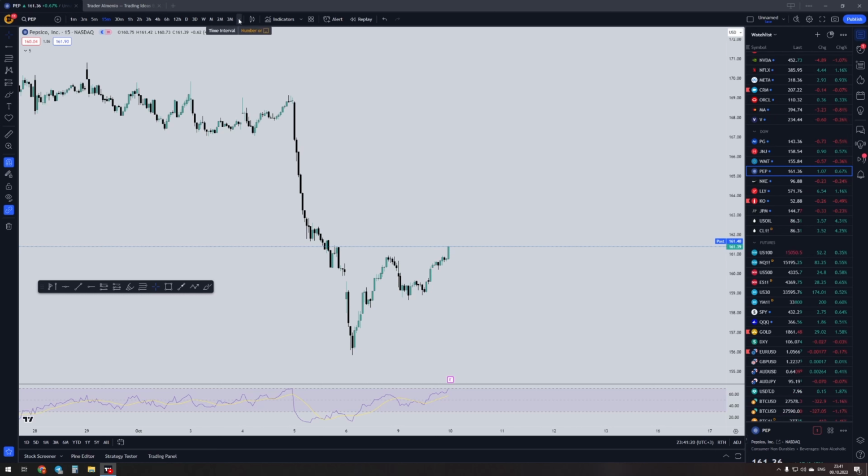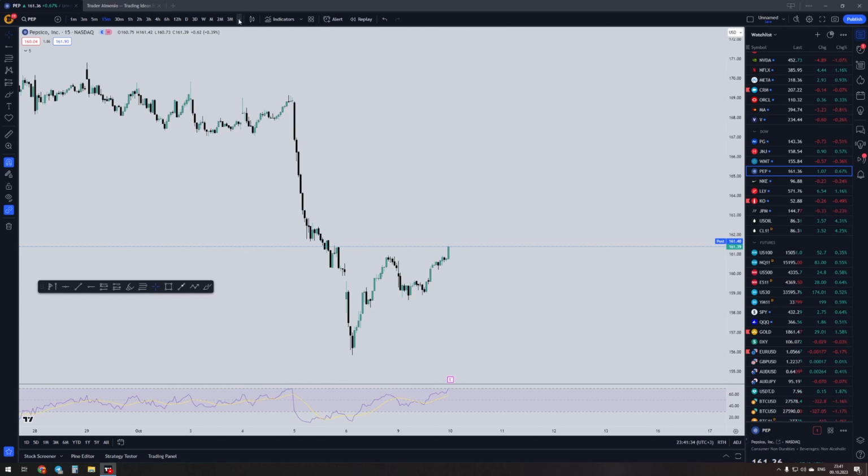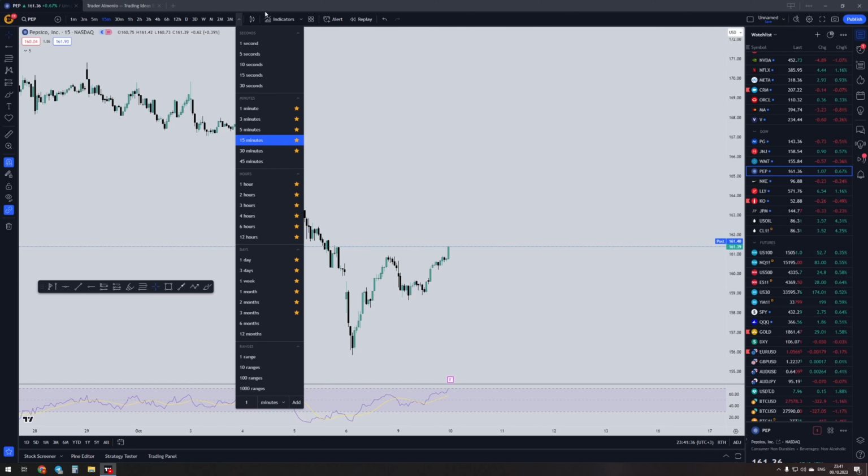You just need to click the time interval and set it as a favorite. And by doing this, you see it will be online here. It's more comfortable than opening this menu all the time and selecting the time frame that you need.